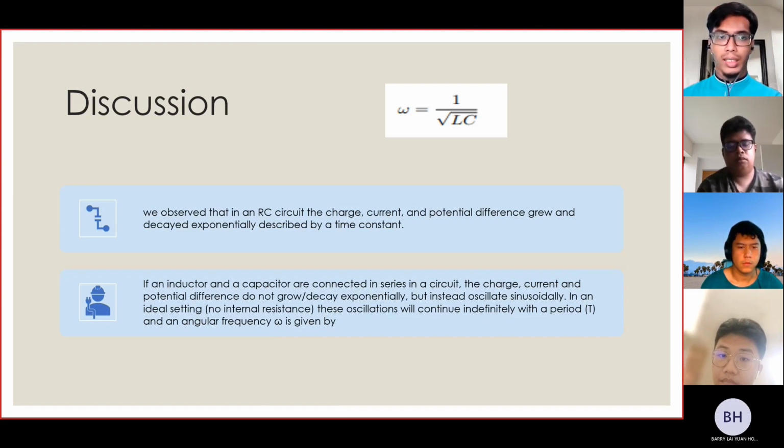In an ideal setting, the oscillation continues identically, and the predicted angular frequency is given by omega equal to 1 over square root of LC.